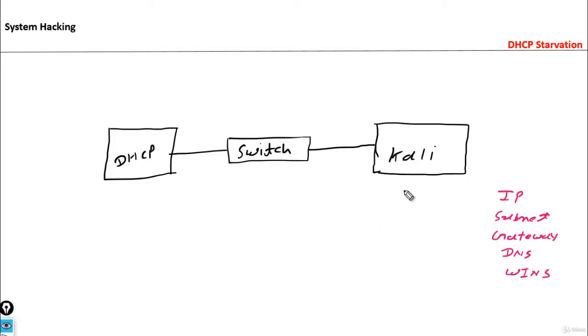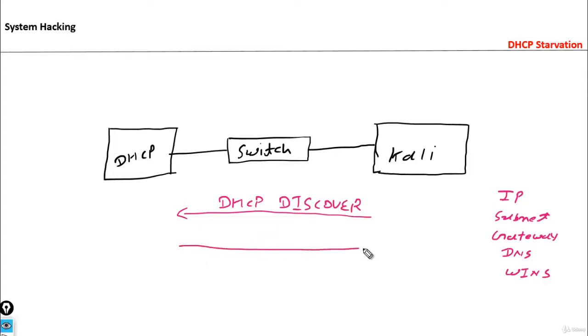When a client requires an IP address, it sends a DHCP discover message on the network. When the DHCP server receives this broadcast message from the client, the server sends a DHCP offer message.